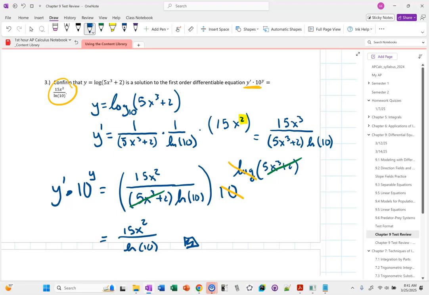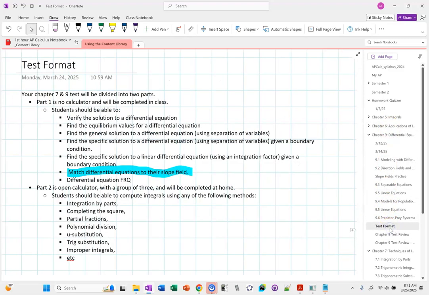Particularly for something like that, it looks like a nightmare to me. But this is an example of that first type of question, right? Verify the solution to a differential equation. That's what we're talking about doing.